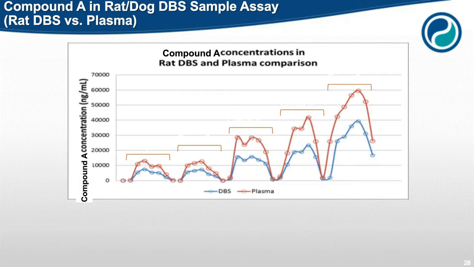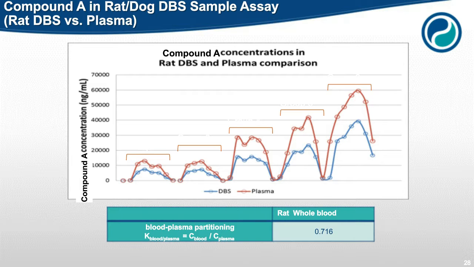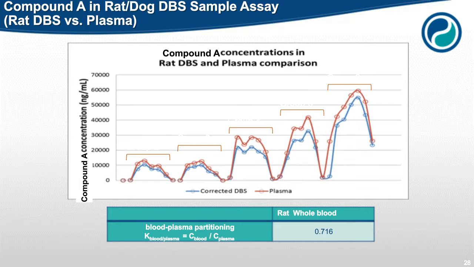Let's introduce the concept of blood-plasma partitioning, the K value, which is the ratio between the concentration in blood versus the concentration in plasma. And in this case, compound A in rat blood, the K is 0.7. So let's apply that ratio to the DBS concentration.